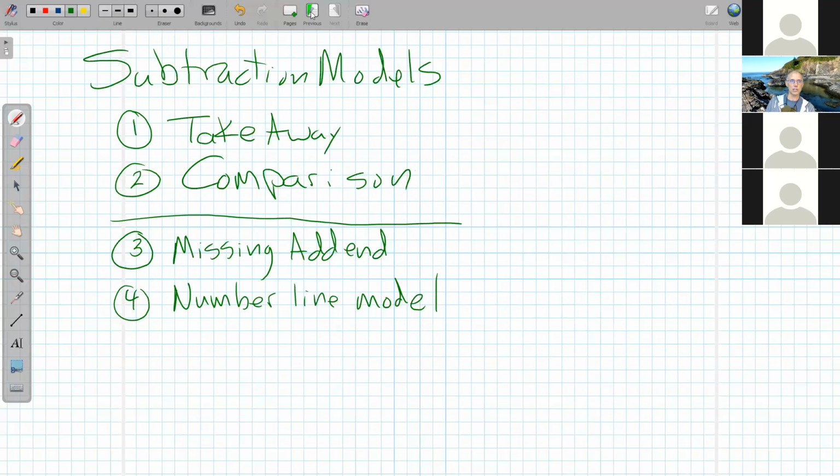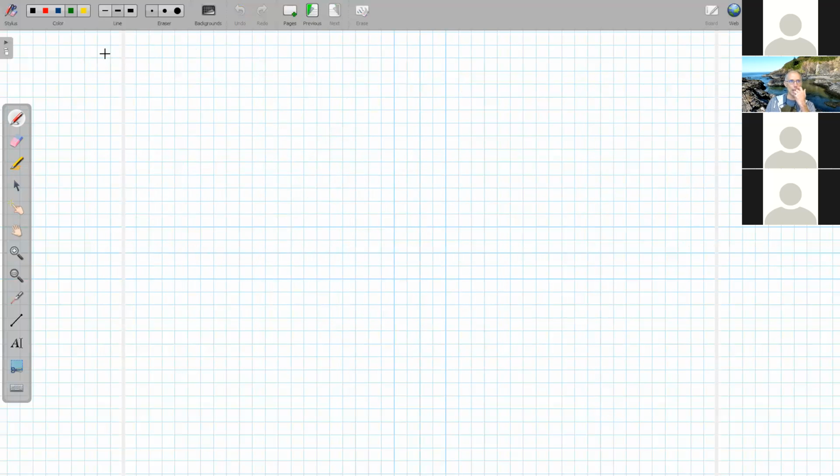So let us come up with a couple of problems. Let's take, how about 34 minus 16. That should work just fine. So 34 subtract 16 is what I have there. And there are two different ways we can do this.